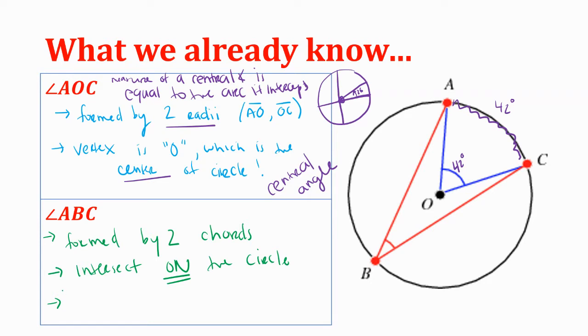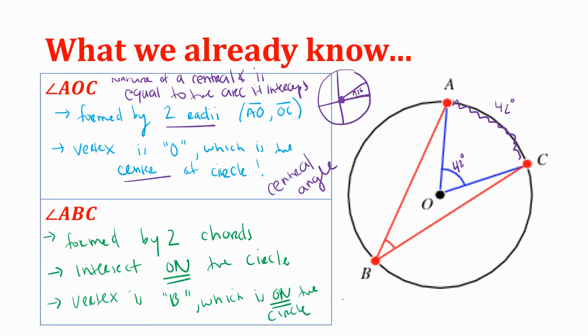AB and BC are two chords, and they intersect at point B, which is a point on the circle. So for this, the vertex is B, which is on the circle.